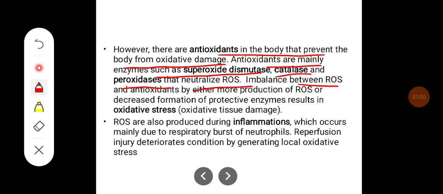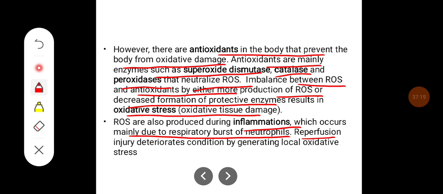The imbalance between ROS and antioxidants, by either more production of ROS or decreased formation of protective enzymes, results in oxidative stress. ROS are also produced during inflammation, which occurs mainly due to the respiratory burst of neutrophils. Reperfusion injury deteriorates the condition by generating local oxidative stress.